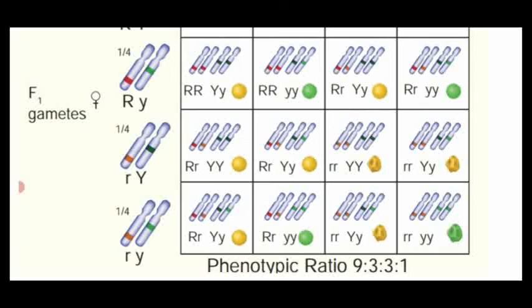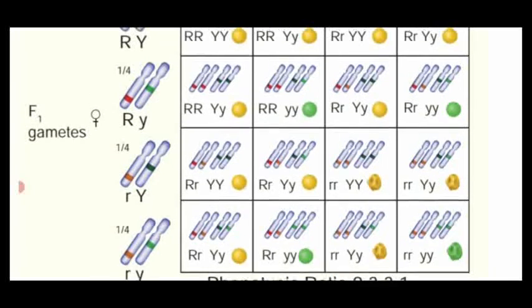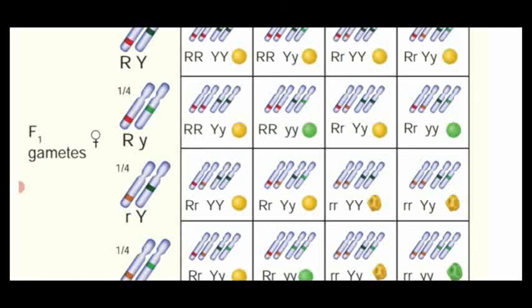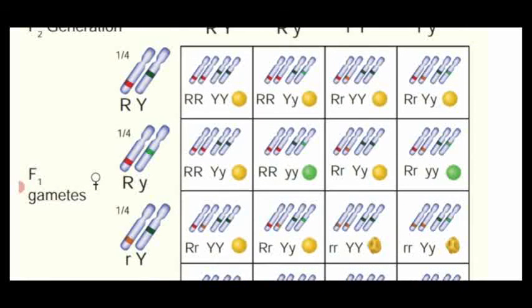The next one is round green. See which ones are round green. In the gametes, the genotypic ratio should have capital R and small yy. If so, that is said to be round green. See the second row, second box column: capital R is there, small yy is there, round green.